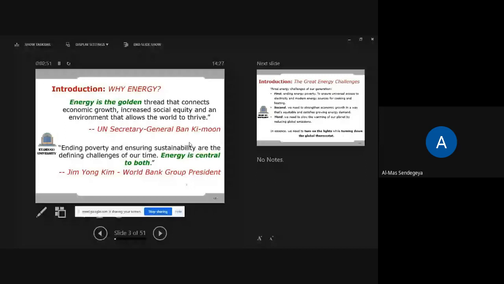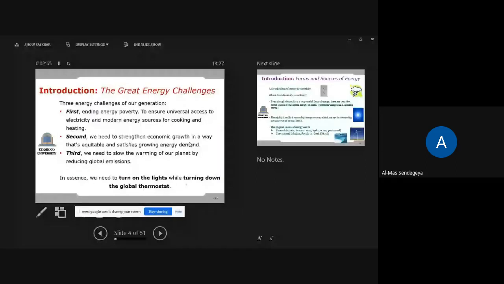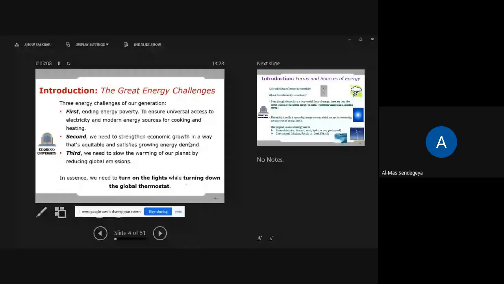The great challenges when it comes to energy, I managed to look at three challenges. The first one, it is needed to end poverty, as already mentioned by those two great men, by ensuring universal access to modern forms of energy, usually electricity.